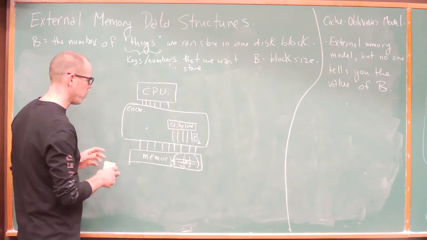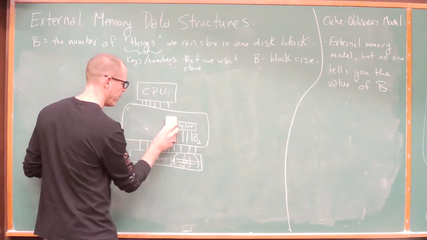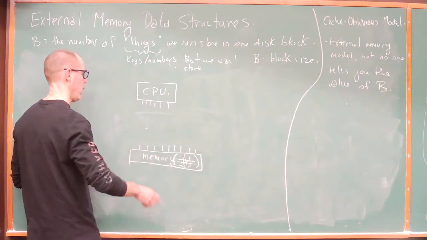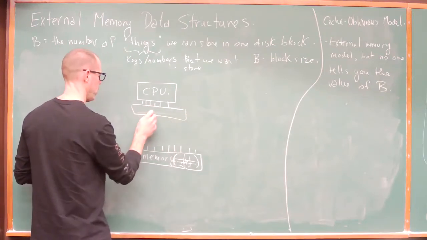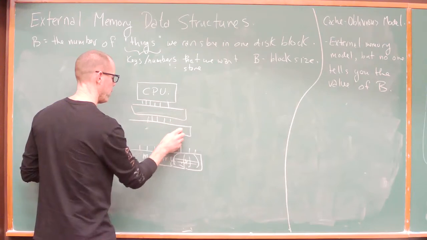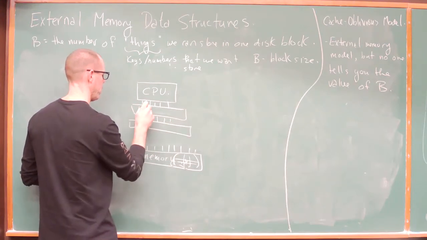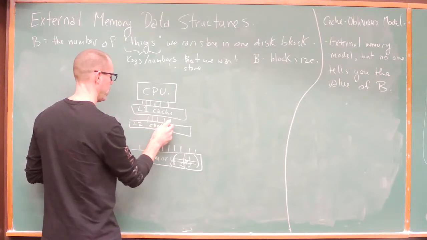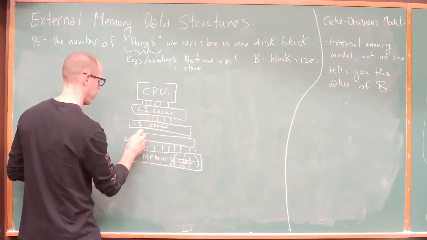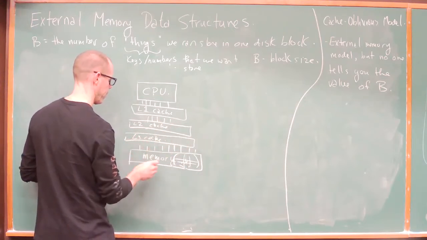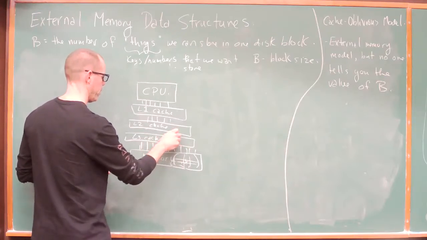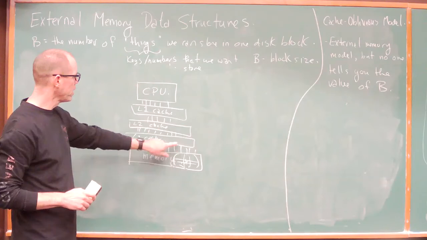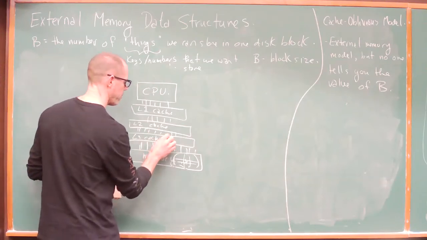And it gets worse, it's more complicated than that. There's not just one cache. There's usually three. So the CPU asks for a byte of memory, it gets read into the L1 cache.